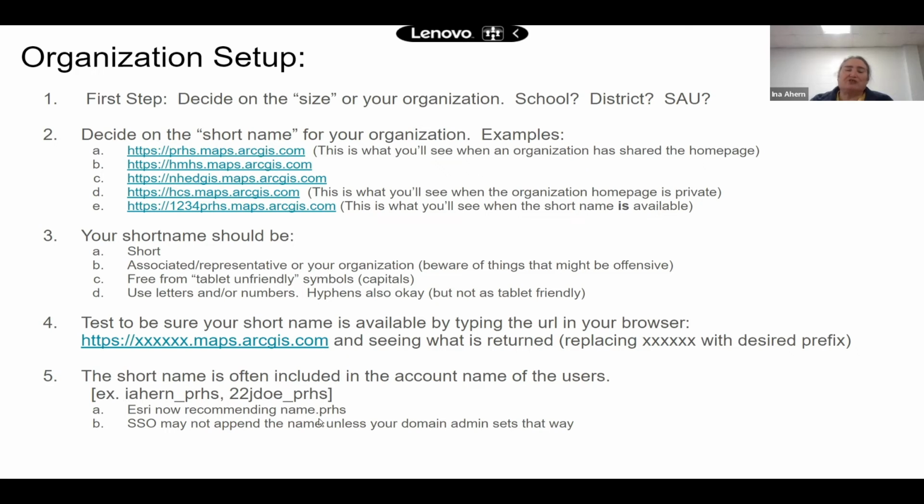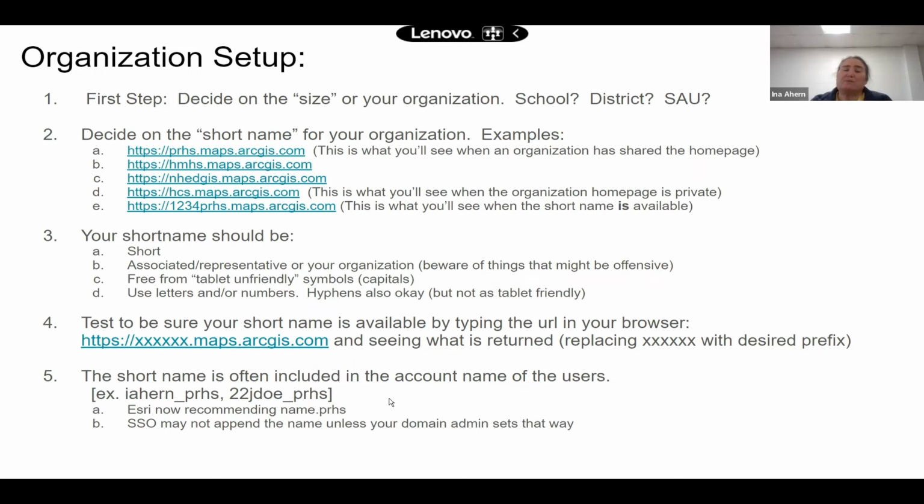So following their new recommendations, it would be IAHERN.PRHS. And when I set up my student accounts, because again, we can use student names, if you're using student names, it would be this way, .PRHS. So you tend to put the PRHS or whatever your short name is in the student names, or in all the account names.